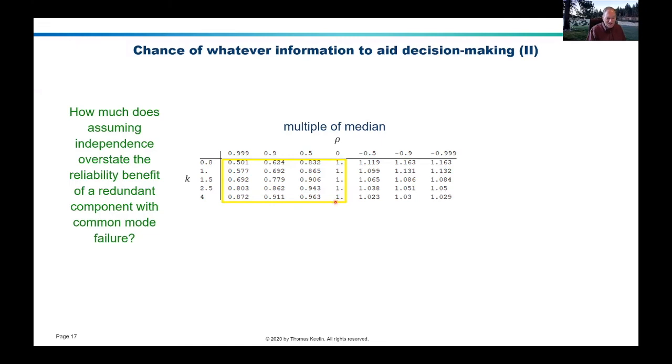I've normalized that to 1, and then the question is, if those two Weibulls were actually correlated with a 50% correlation or a 90% correlation, how much would you be overstating the median by assuming that those were in fact independent when they weren't?